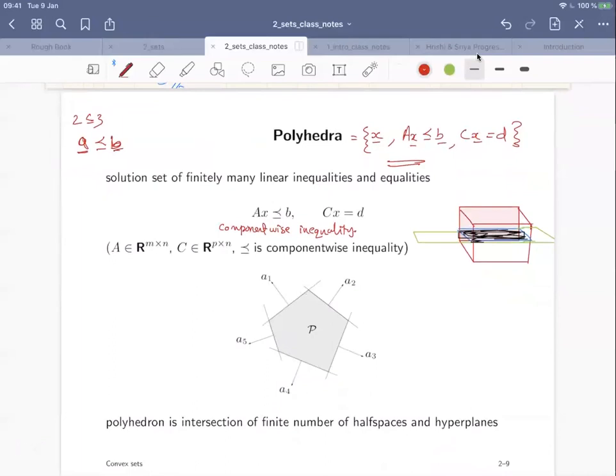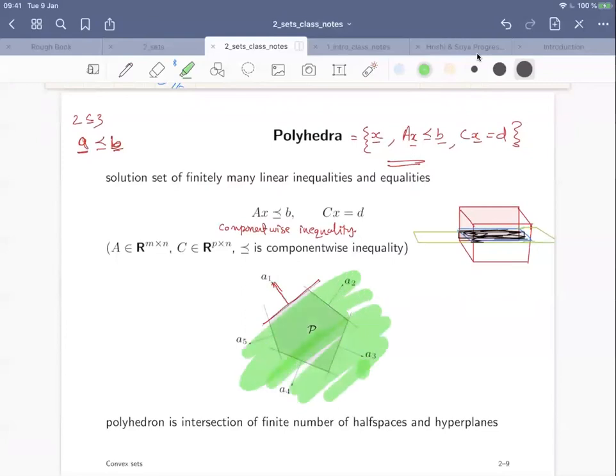Here is an example where you have different half spaces. Here you have five different half spaces. The first half space is this one. When you say a1 transpose x is less than or equal to b1, you will get a region like this.